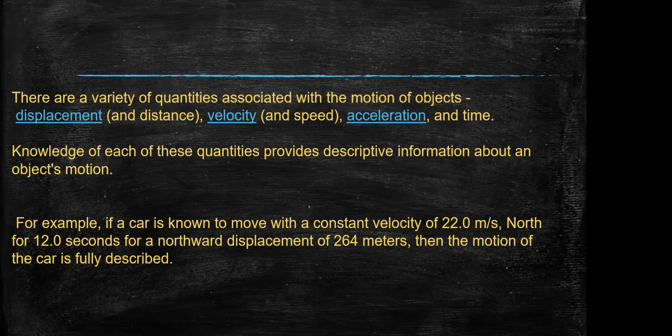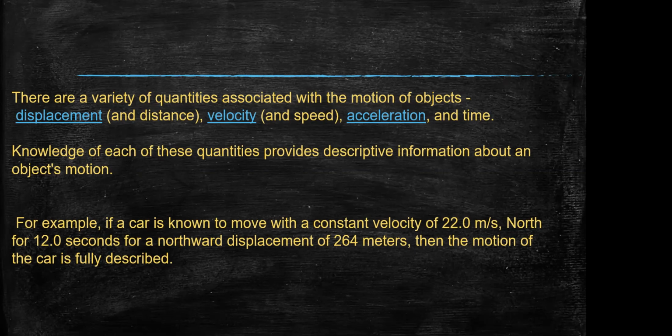For example, if a car is known to move with a constant velocity of 22 meters per second north for 12 seconds, for a northward displacement of 264 meters. So here, as you see, you have a velocity of 22 meters per second, a time of 12 seconds, and a distance of 264.